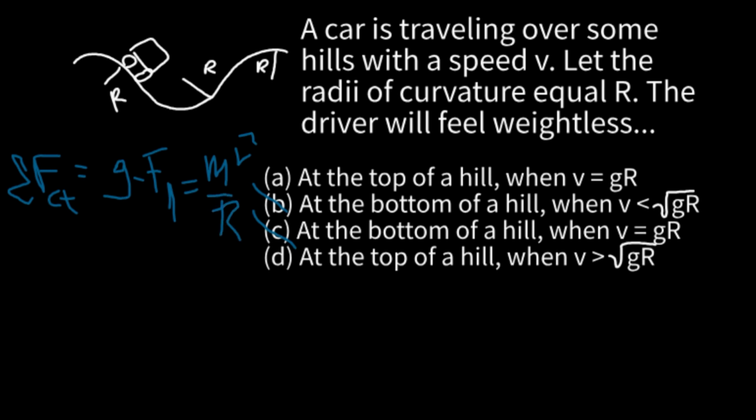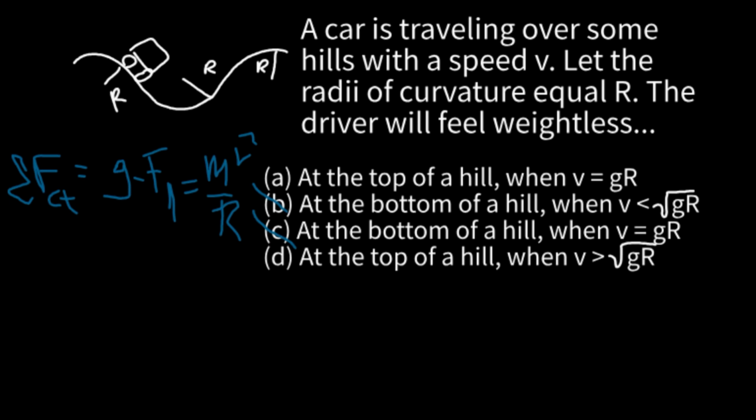Alright, the driver is going to feel weightless when there's no normal force. If that doesn't immediately make sense to you, that normal force is giving the weight that the driver experiences. If that goes to 0, then there's only gravity acting as a centripetal force, and when there's only gravity, you feel like you're in free fall, and therefore you feel weightless.